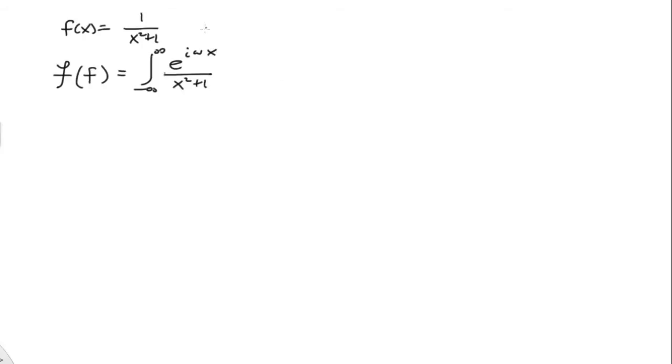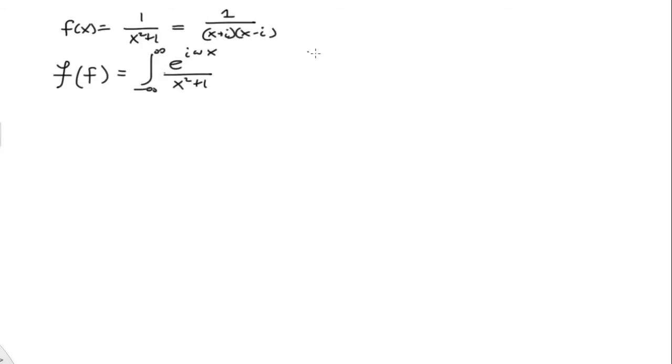Let's try this example: f of x is equal to 1 over x squared plus 1. Again, our Fourier transform of f is going to be the integral of e to the i omega x over x squared plus 1. Clearly we can factor the denominator into x plus i and x minus i.